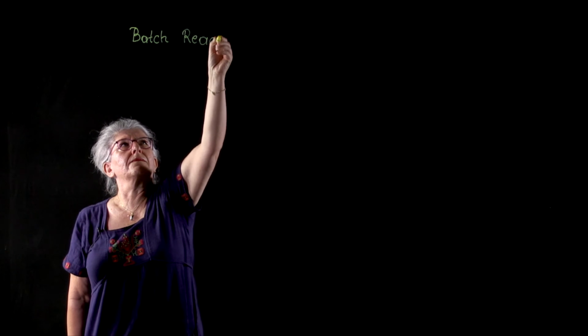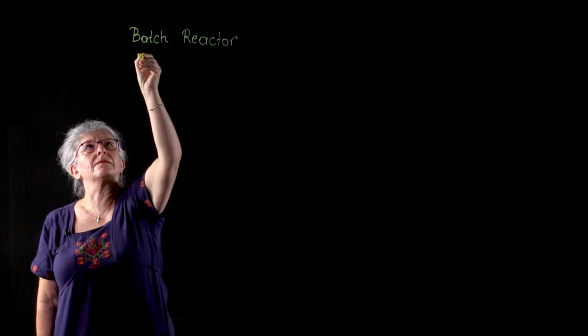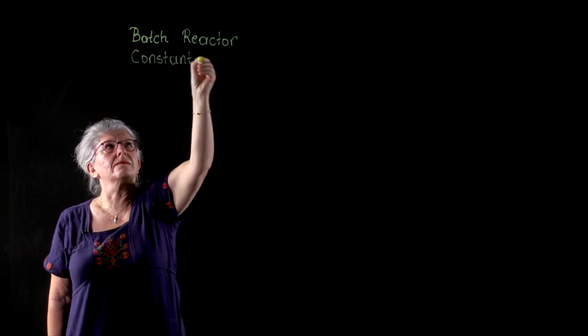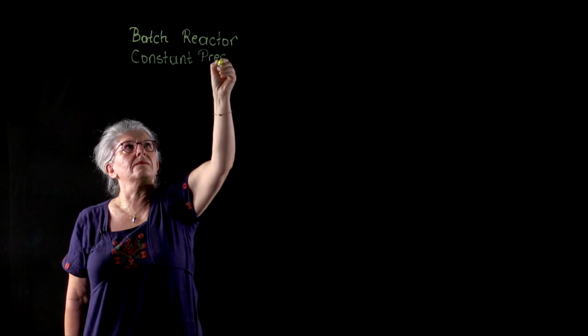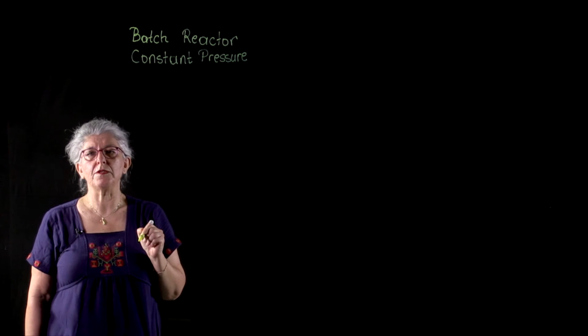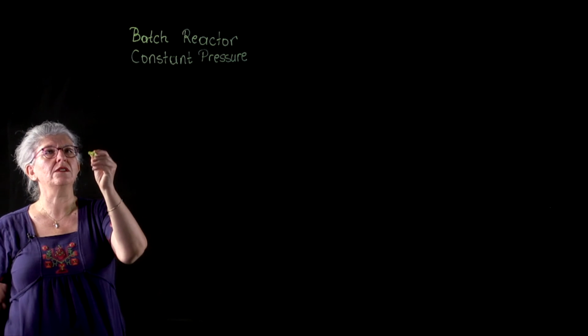Today we are going to learn how to conduct the energy balance around a batch reactor under constant pressure constraints. Again, we will start from the species conservation equation.